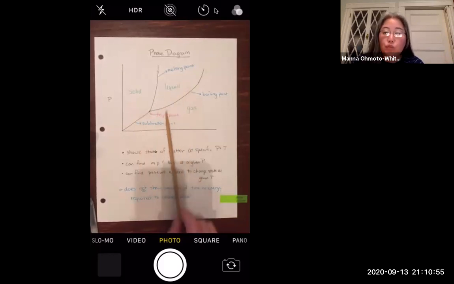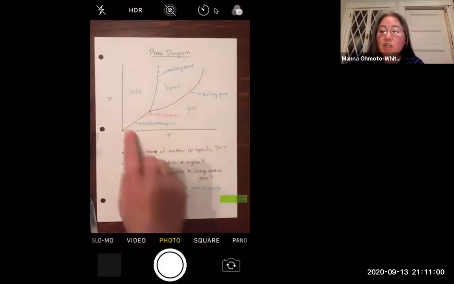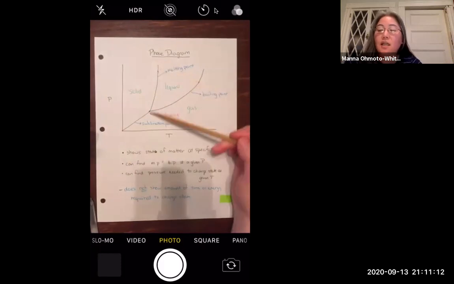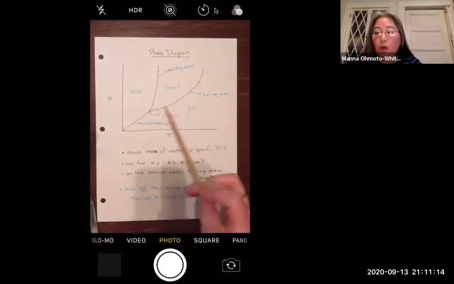If I have an extremely low pressure, around here, I can make that change between phases more easily. At extremely low pressures, I can actually go from a solid straight to a gas. These solid lines in the phase diagrams are where the state changes occur.